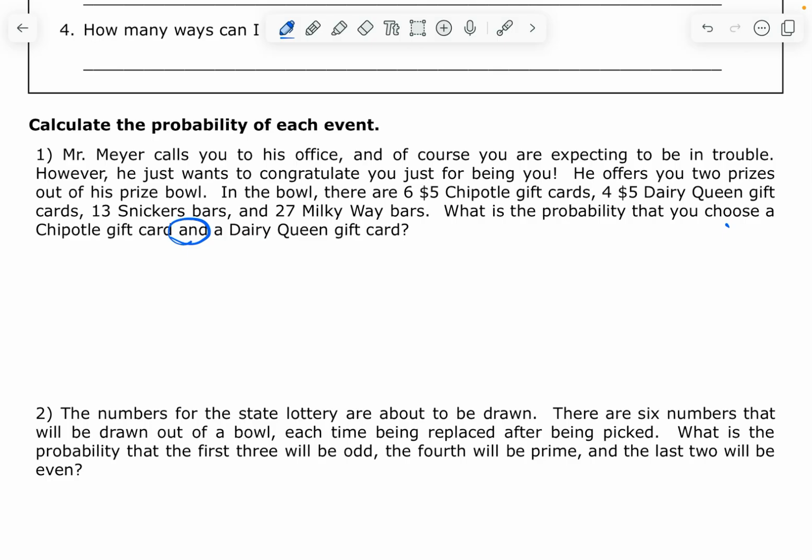So lots of words happening, but the question says, what's the probability that you choose a Chipotle gift card and a Dairy Queen gift card? That is telling me "and," meaning I'm going to multiply. I need to figure out how many fraction bars I need. How many times am I going to dig into this bowl to get a gift? That's going to be twice. I'm going in twice, and I'm going to multiply. Once I figure that out, I can go back and look for replaced, puts back, does not put back, all of those key phrases that help me determine whether my total will change or not.